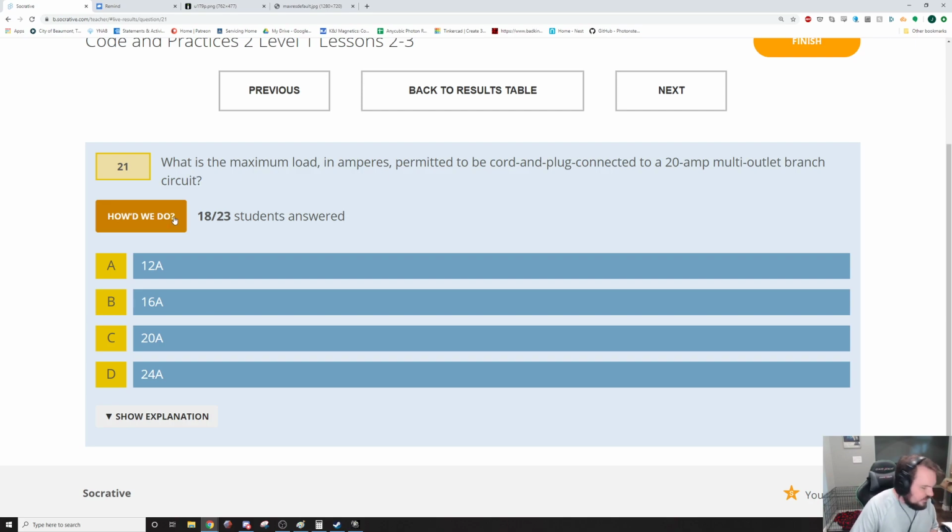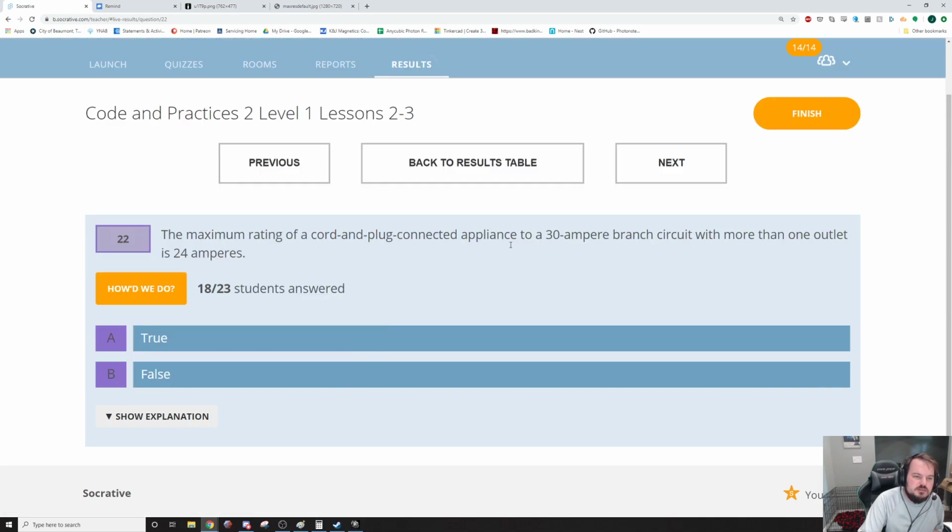And it's 80%. So cord and plug connected is 16 amps to a 20 amp multi-outlet circuit. Maximum rate. True.